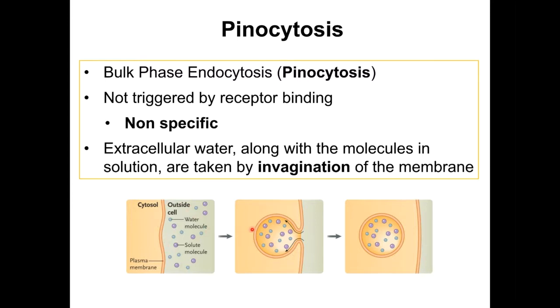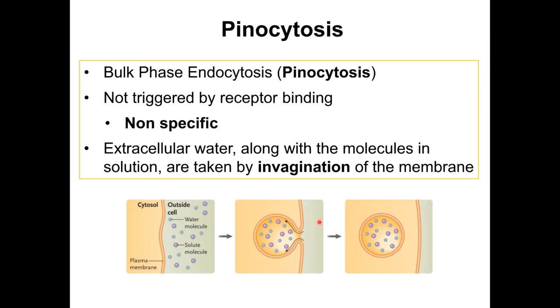And all they do is form invaginations. In pinocytosis, and the same for receptor-mediated endocytosis, the membrane bulges towards the inside of the cell. That's referred to as an invagination. And this takes place until the membrane fuses and the endocytic vesicle is formed.